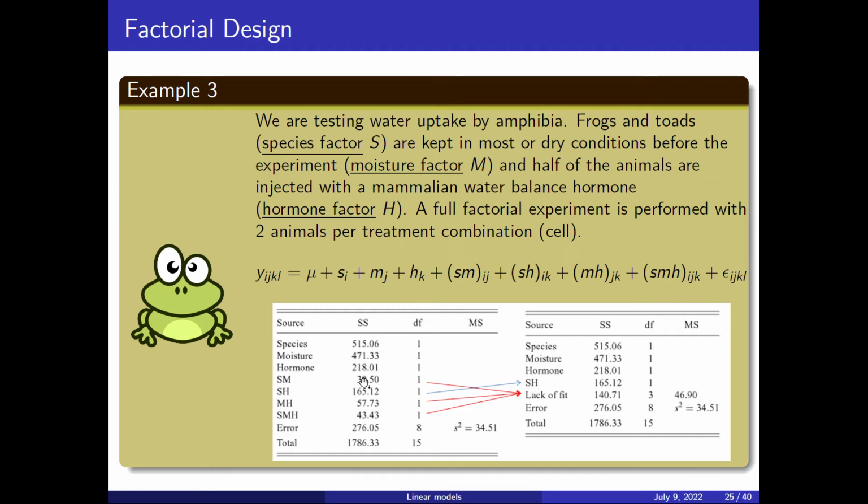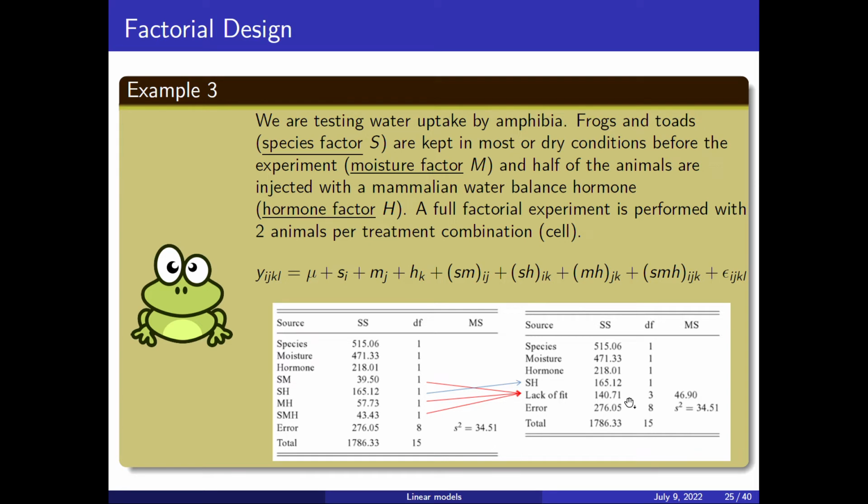We see here that the sum of squares that this interaction is explaining is around 39, and the mean square of the residuals is 34. So the ratio is almost 1, while the ratio between the species mean squares and the error is 500.